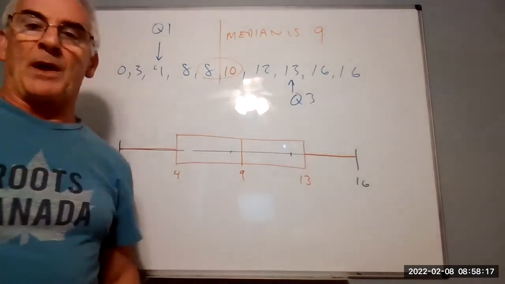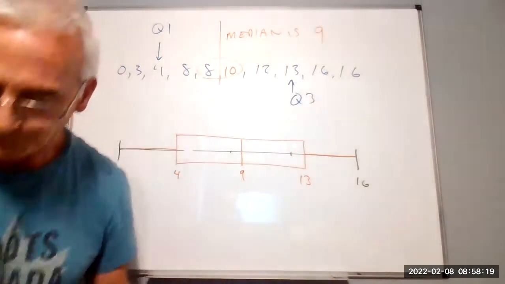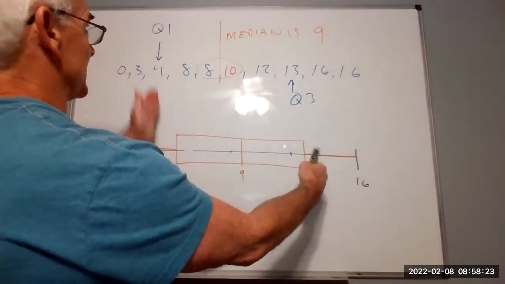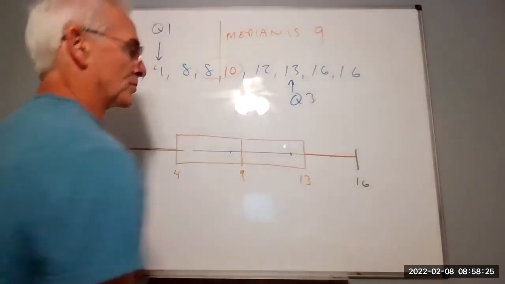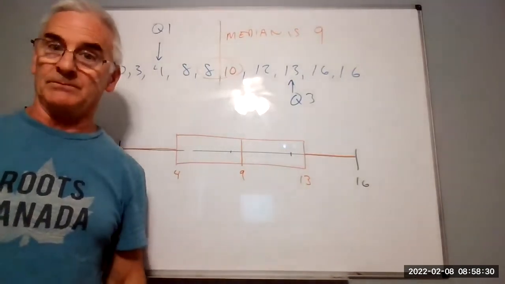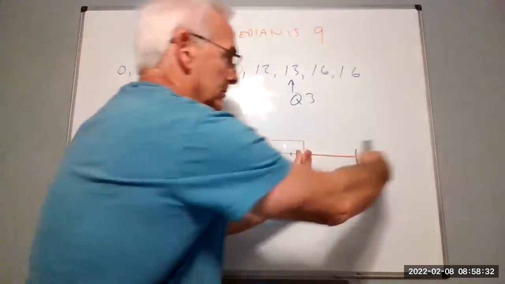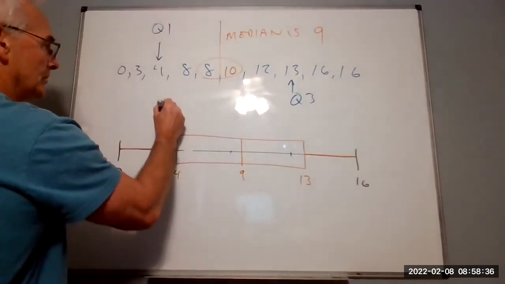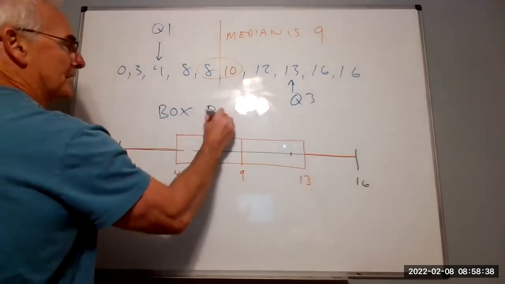This is a visual representation of our data. My box is everything from the first quartile to the third quartile, which represents roughly half the scores. These are considered more the extremes going the other direction. This is what is called a box plot.